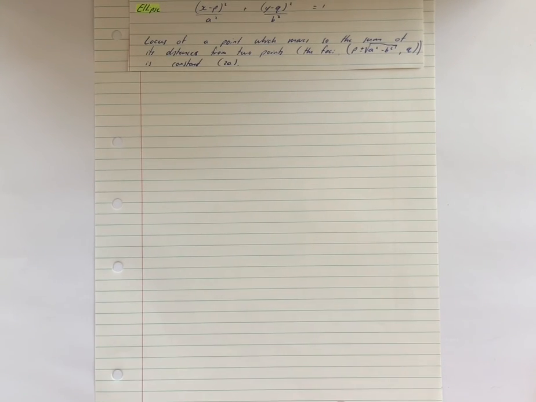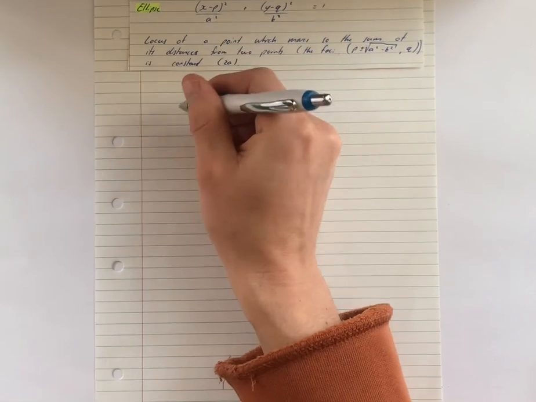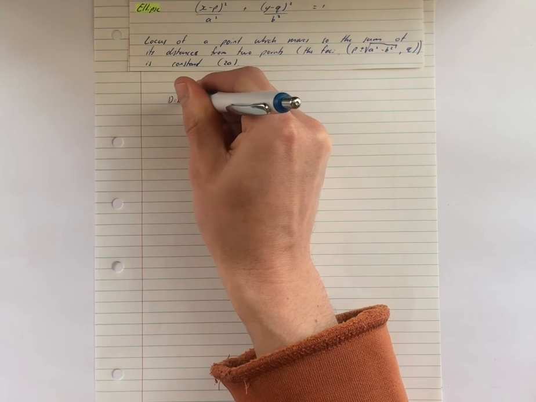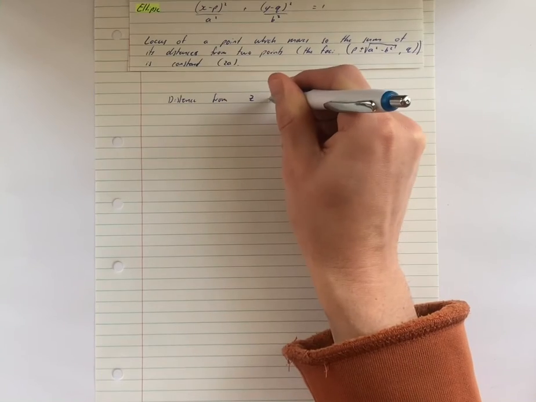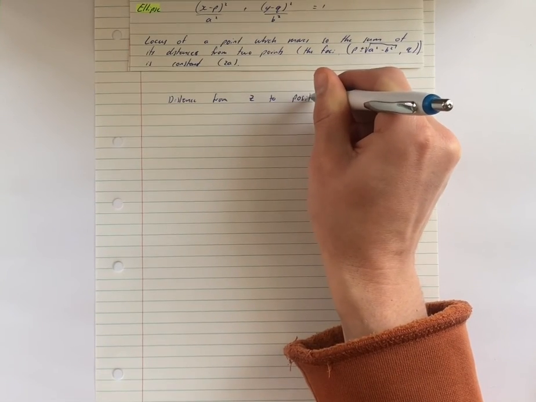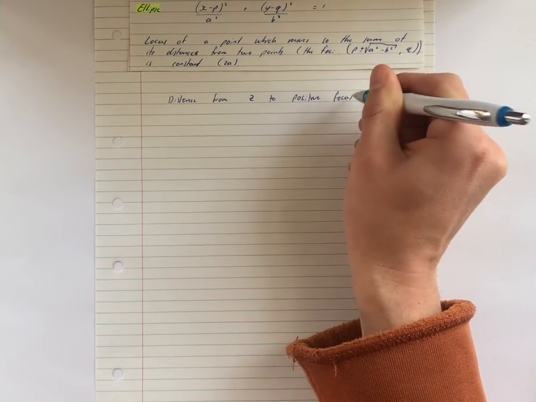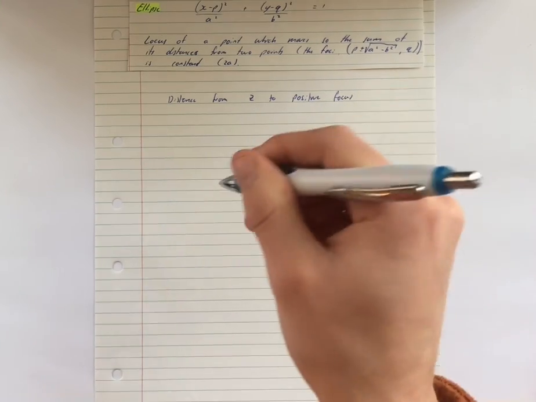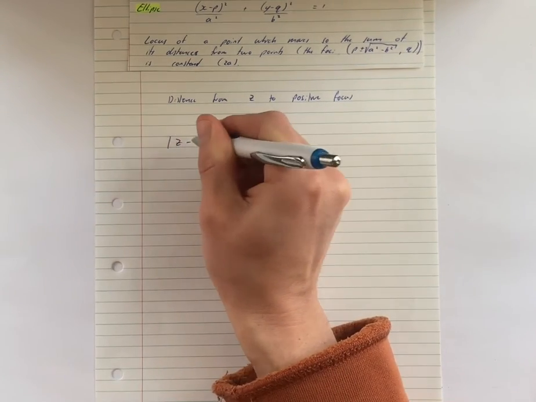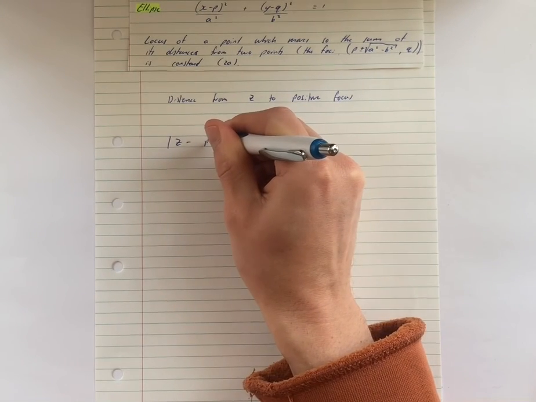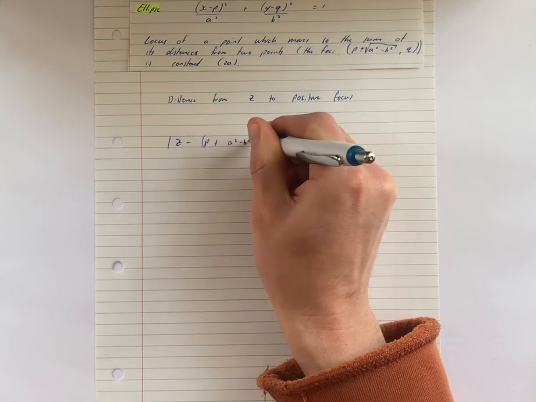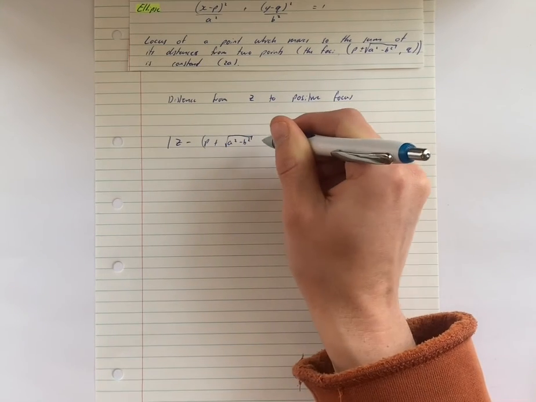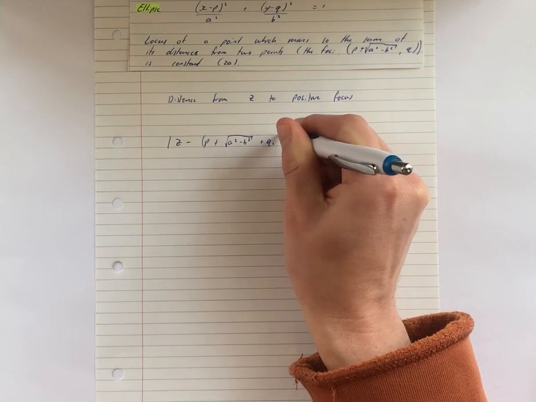So the distance from z, our variable complex number, to the positive focus is given as |z - (p + √(a² - b²) + qi)|.